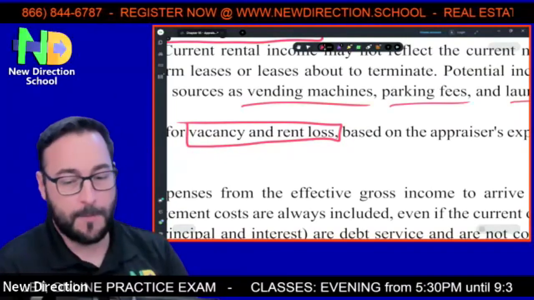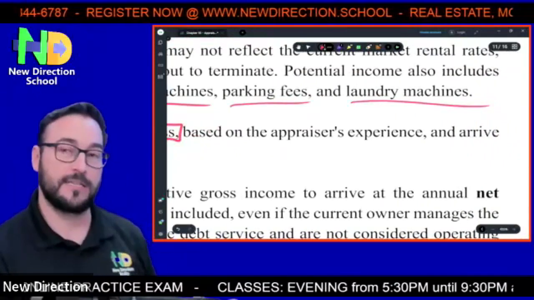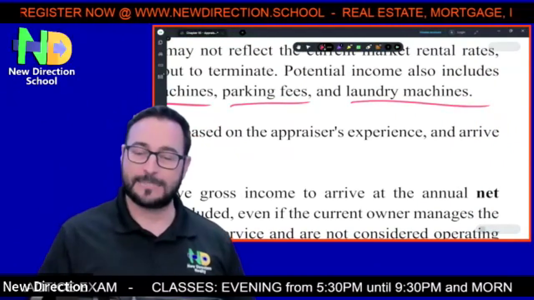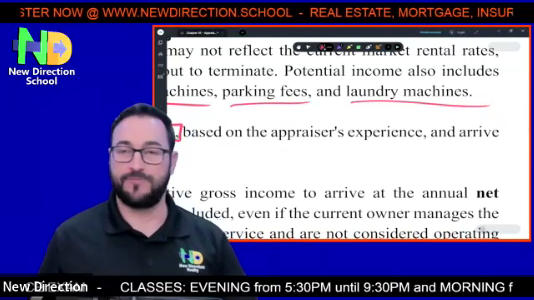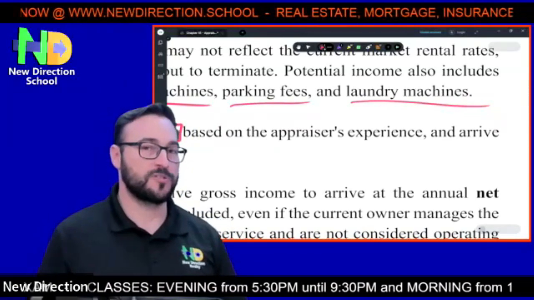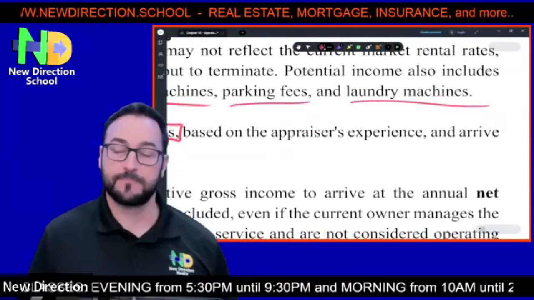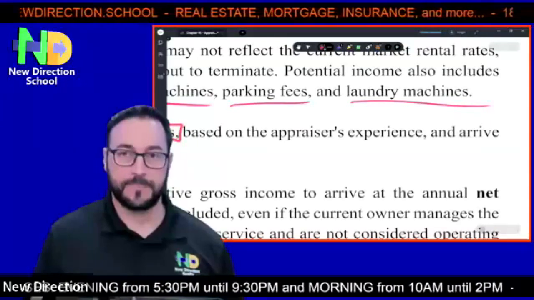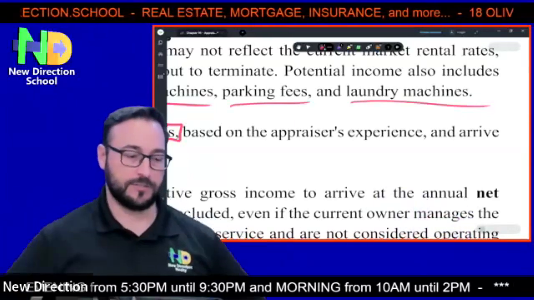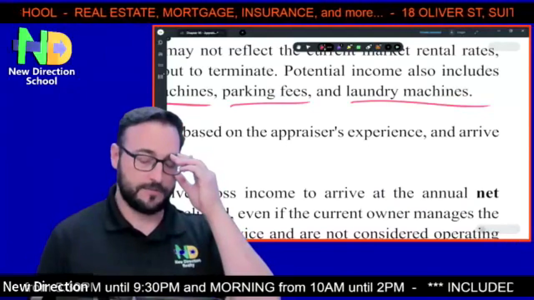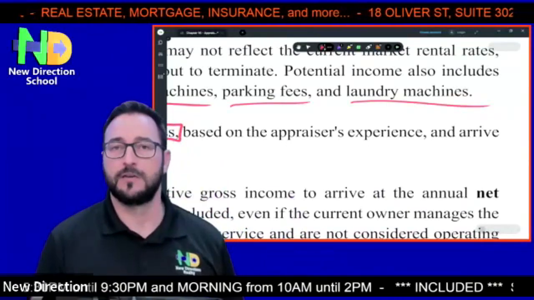Yes. So based on our experience in this type of property, in this type of area, what is the expected loss? Could be 5%, could be 20%, or if it's a motel or hotel, it could be as much as 50%. Okay? Because we average out for the year. There's hot seasons, there's cold seasons in terms of occupancy, right?